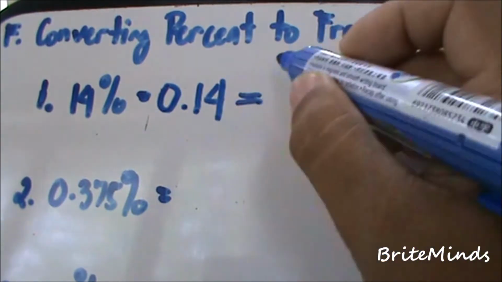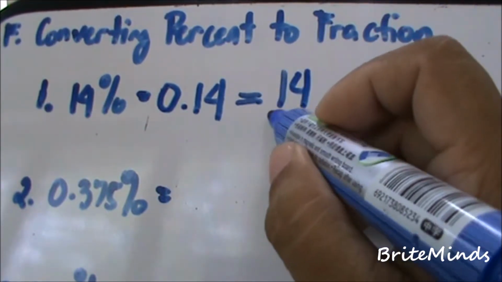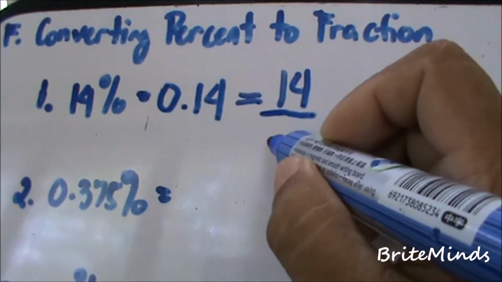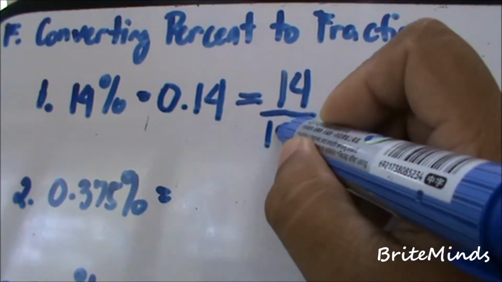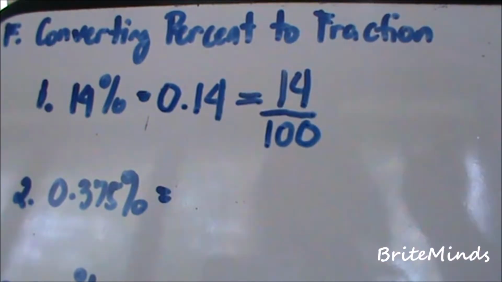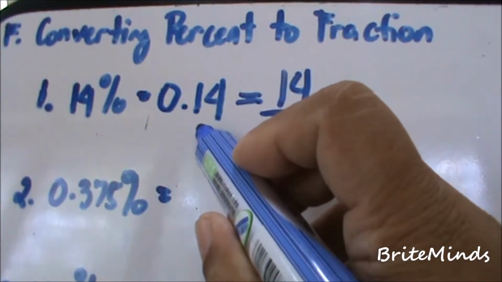So we can write it as 14, as a whole number, over a denominator of 100. So this is the fraction 14 hundredths.